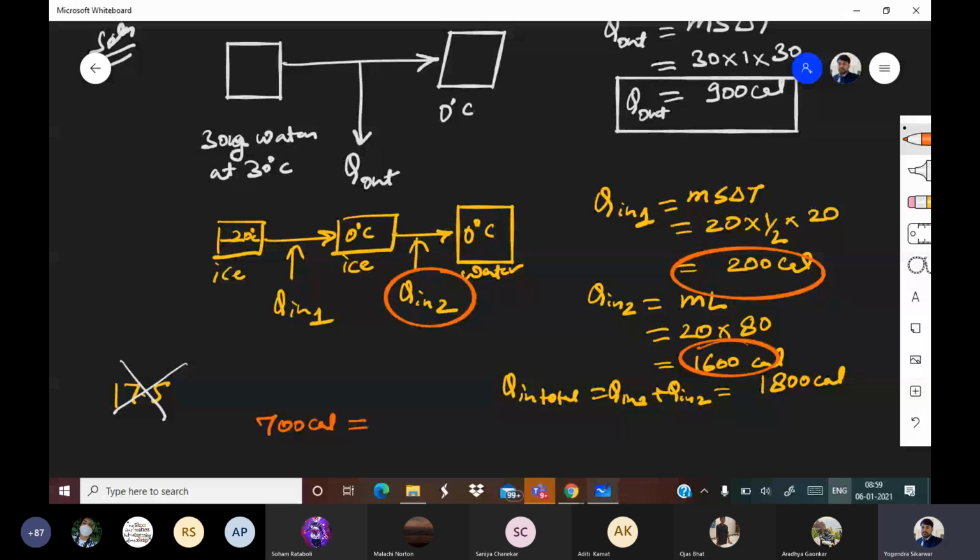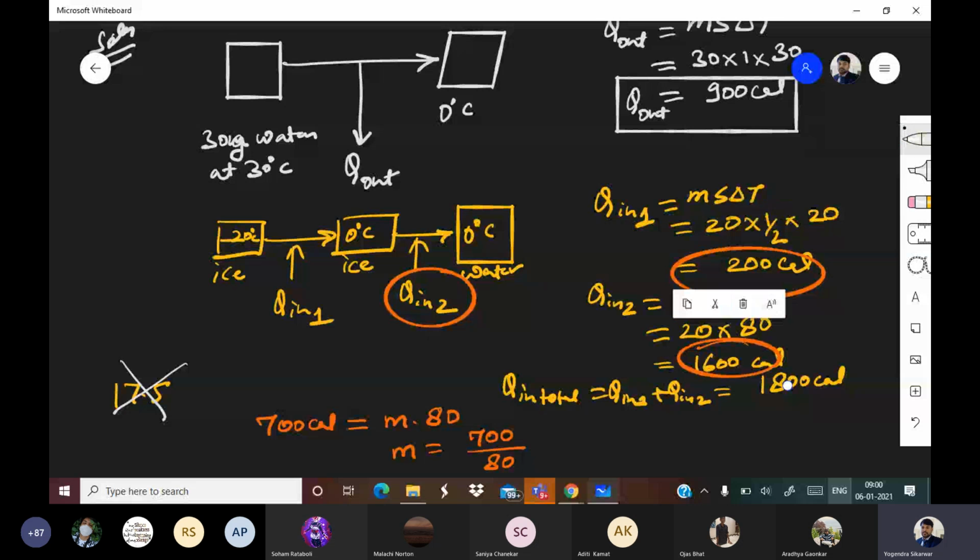That will be 700 is equal to m into 80, because 80 is the amount of heat needed to melt 1 gram of ice. So if a total of m gram is melted, then 700 is equal to m times 80, and that gives us m is equal to 700 upon 80.